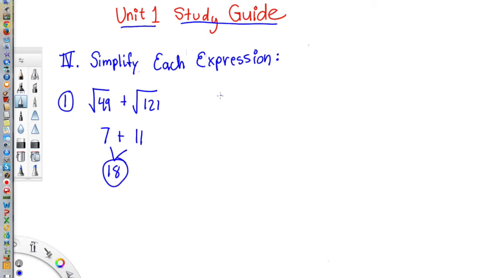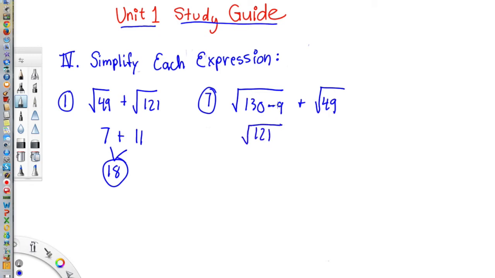Let's take a look at number 7. Number 7 looks like fun. Here we've got the square root of the difference of 130 minus 9 plus the square root of 49. Okay, well, 130 minus 9 is going to be 121.